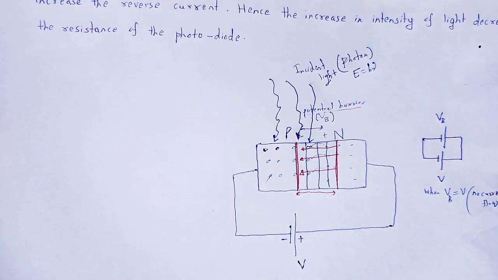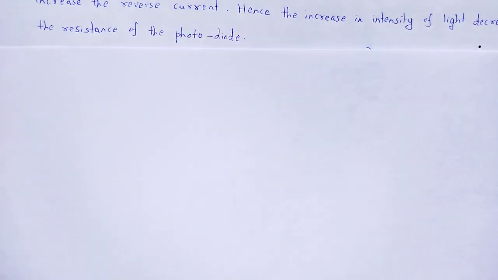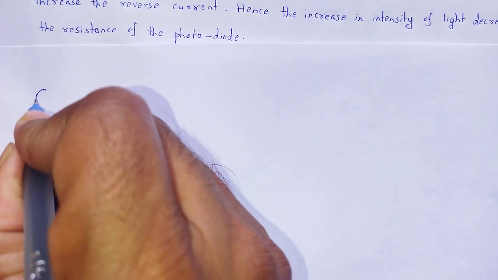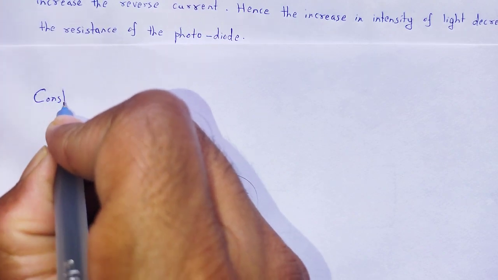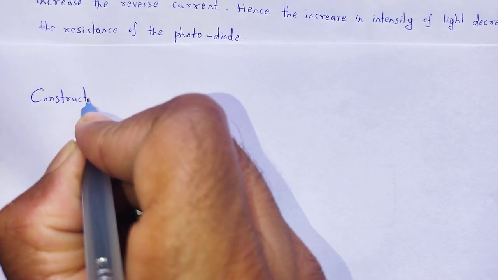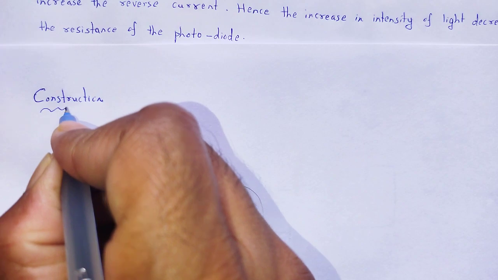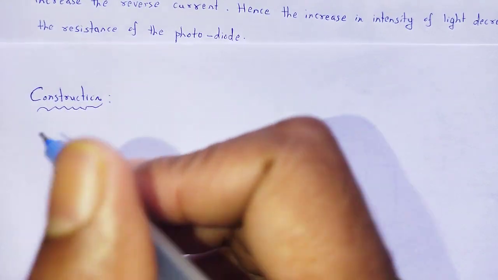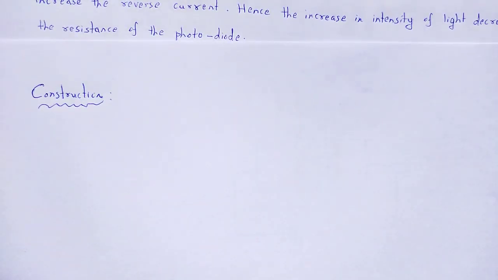Next, the construction of a photodiode. As we discussed, it is a special type of p-n junction diode which is sensitive to incident light.